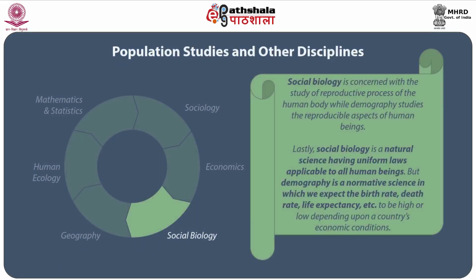Social biology is concerned with the study of reproductive process of human body, while demography studies the reproducible aspects of human beings. Lastly, social biology is a natural science having uniform laws applicable to all human beings. But demography is a normative science in which we expect the birth rate, death rate, life expectancy, etc. to be high or low depending upon a country's economic conditions.